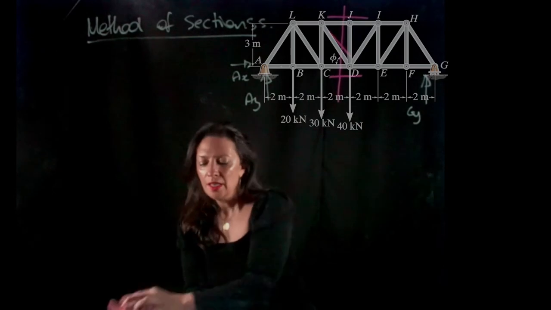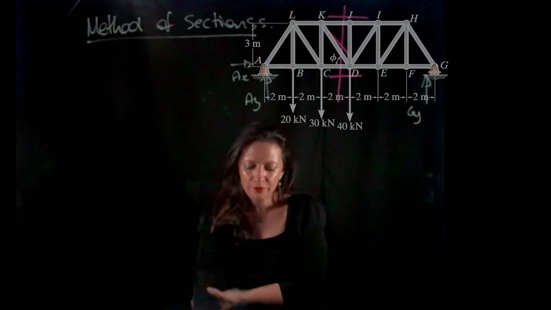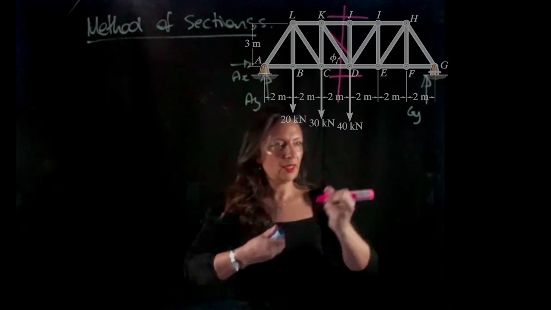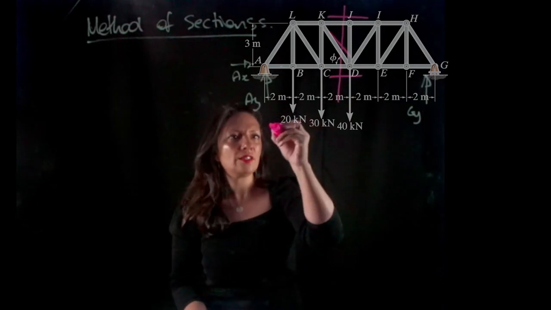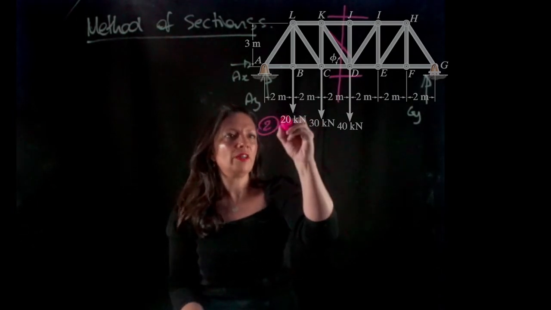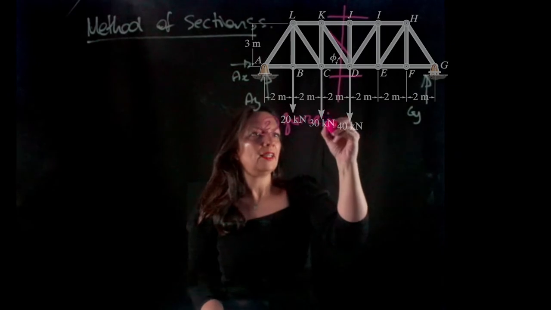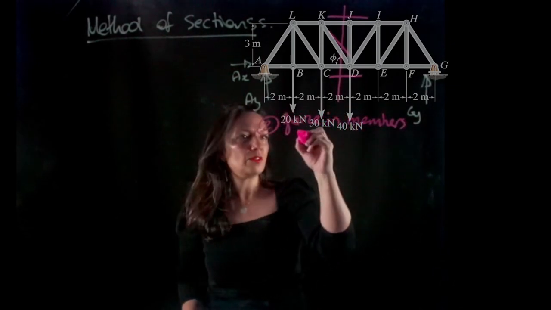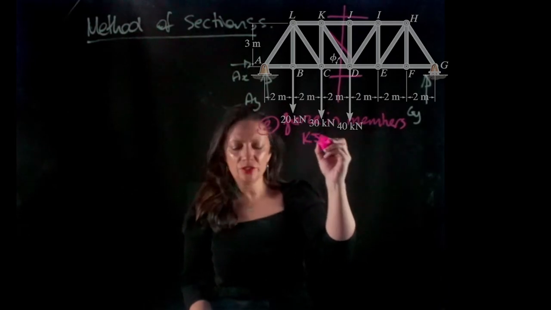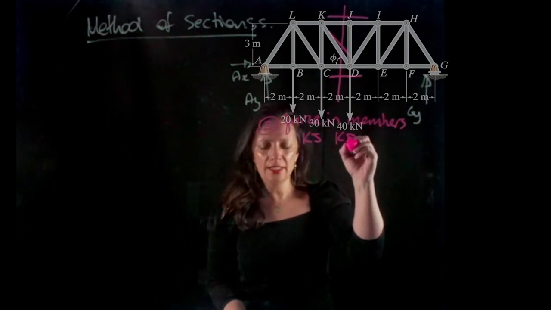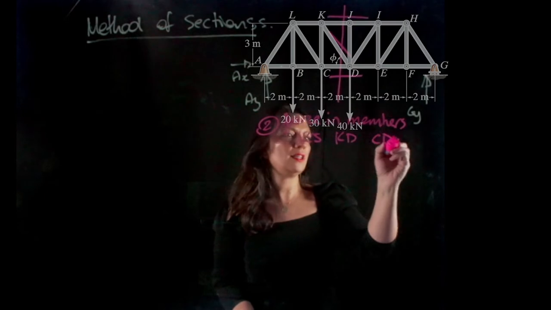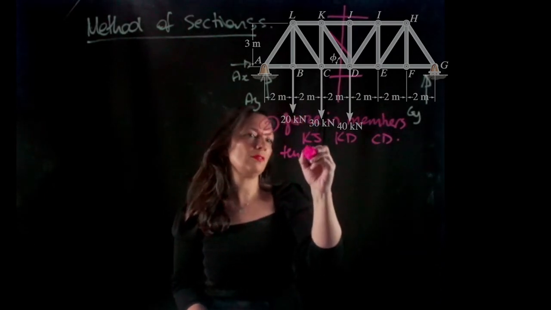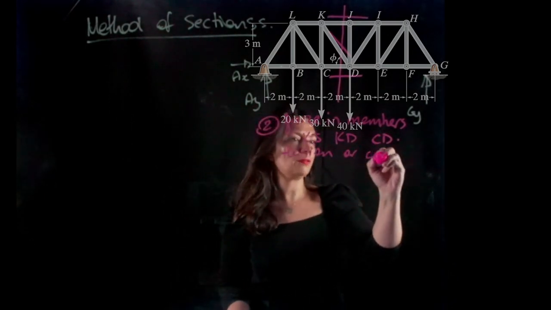Okay, so we want to find the force in members. So step 2 is finding the force in members KJ, KD, and CD. And we need to state whether it's in tension or compression.